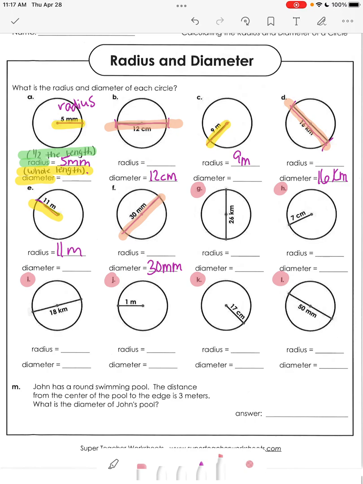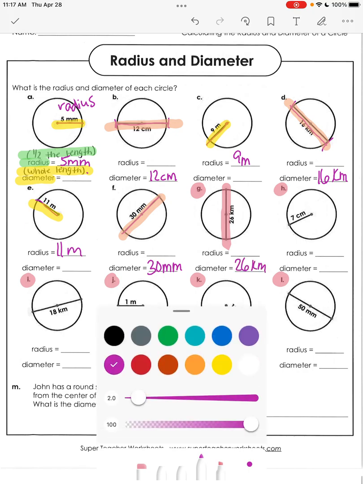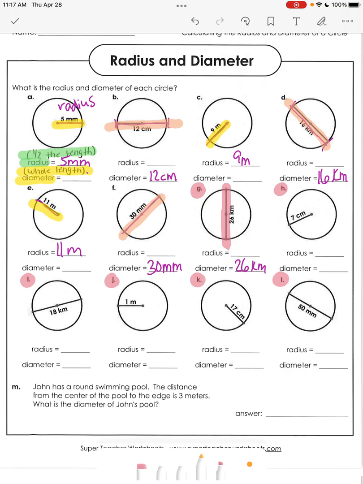All right, so hopefully you have answers on your paper. We're going to double check. So this one is all the way across, so that is your diameter. H is halfway across, so that is your radius. I, all the way across, so that is your diameter.